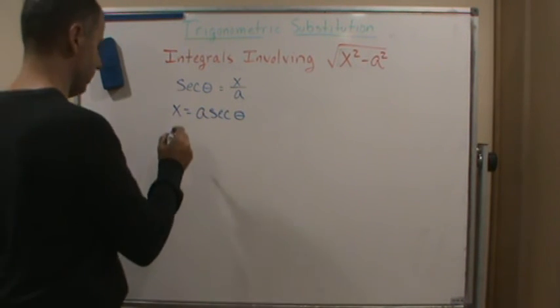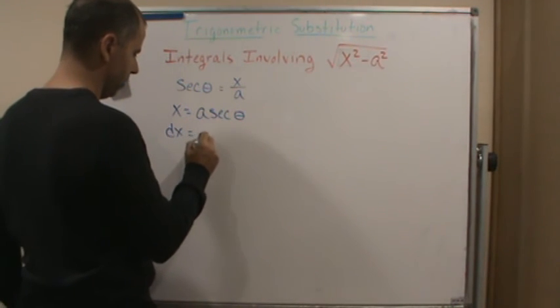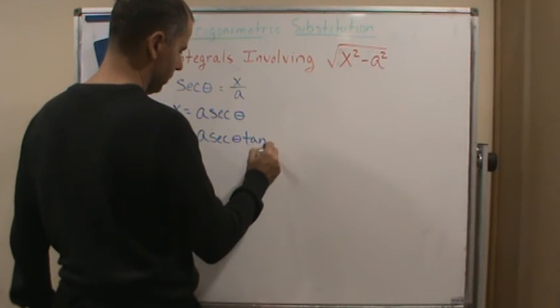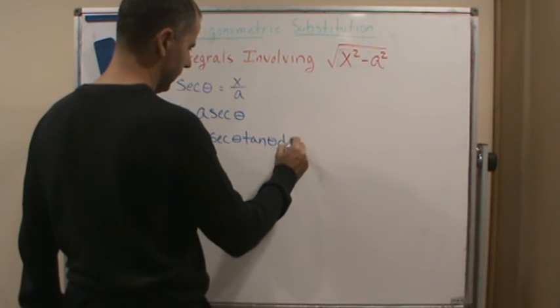And then our derivative, dx, is going to be a secant theta tangent theta d theta.